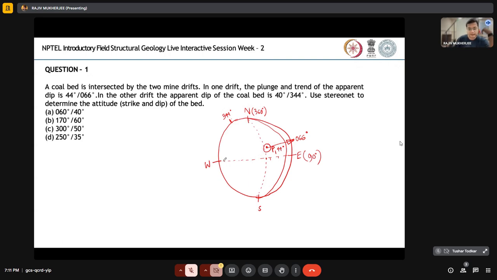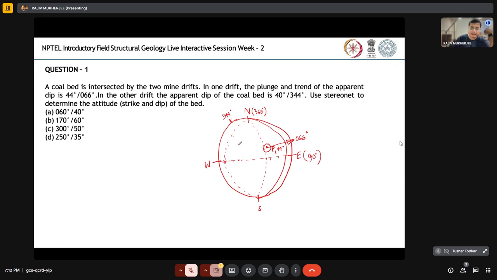It's a 4-degree difference. So again, if I draw a 10-degree interval great circle like this, I need to count 40 degrees from the west. So this is 10, 20, I guess 30, 40. So this will be the point now.